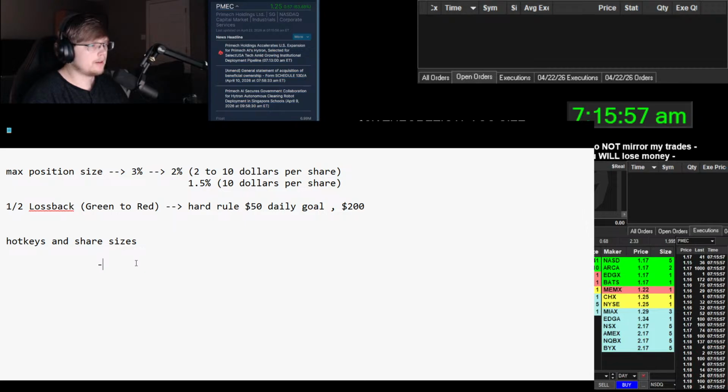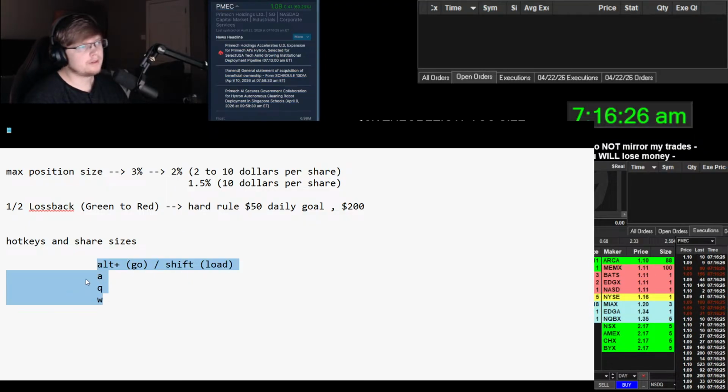So right now my hotkeys are on Alt. So Alt plus A, Q, and W for my buy orders. Shift is the same, except it's a load instead of a go. So Alt is go, Shift is load.